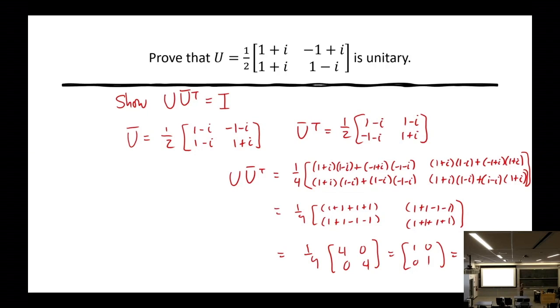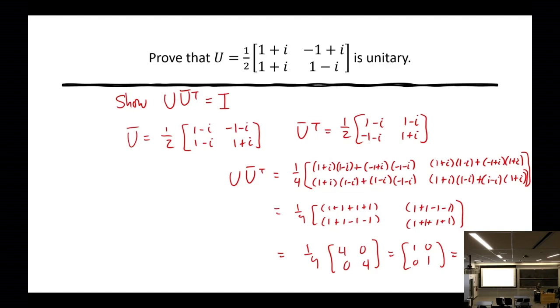All we need to do to show that this matrix is unitary is show that the matrix times its adjoint, or its conjugate transpose, is equal to the identity. So we can just write down the conjugate transpose, multiply the two matrices, and see that it ends up being 1/4 times 4004, which is just 1001.